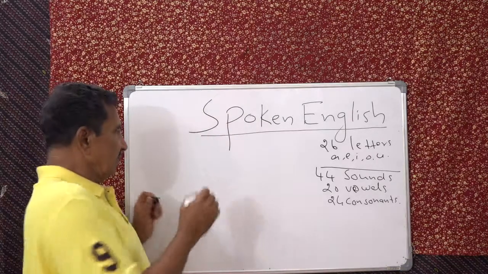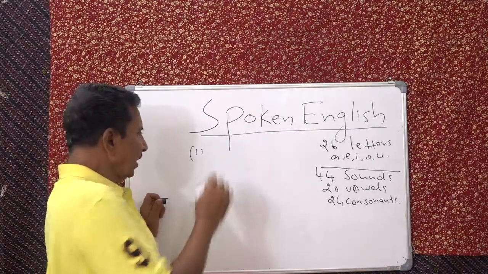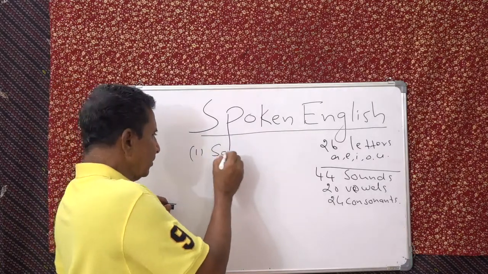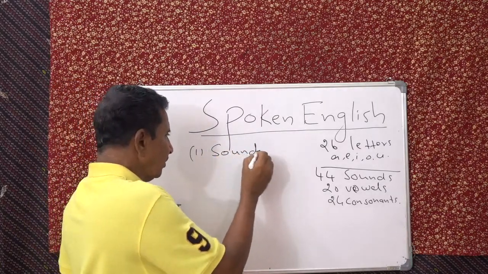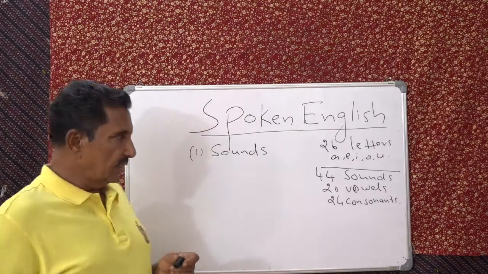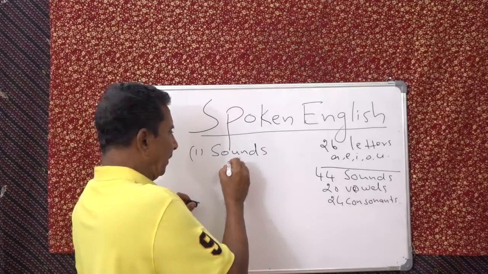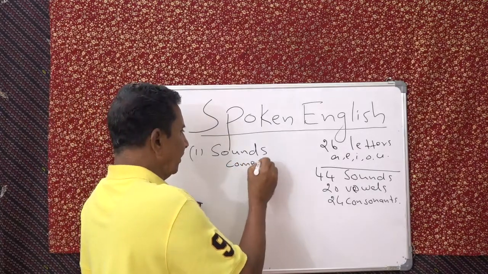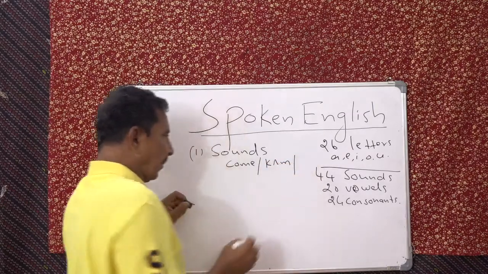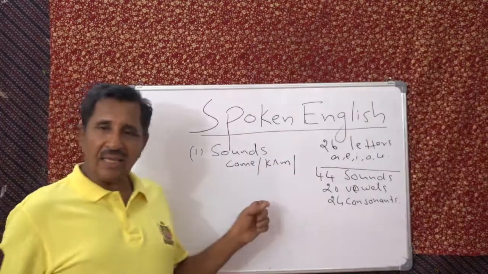So the first thing that you should know in spoken English, we have already done sounds. You know how to write sounds by using symbols. As an example, suppose come. You know how to write the sound come. We don't say coming.